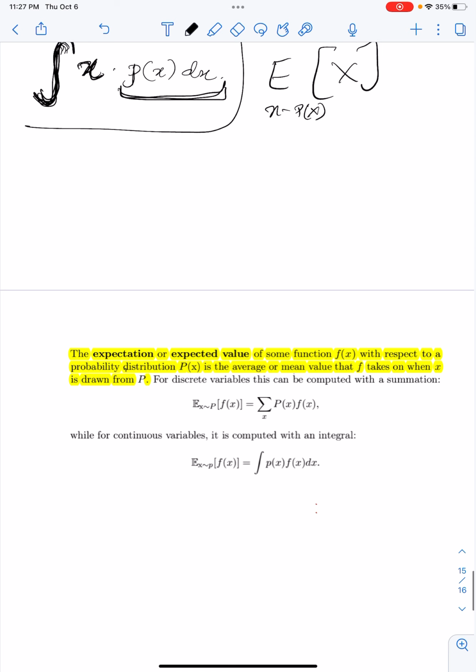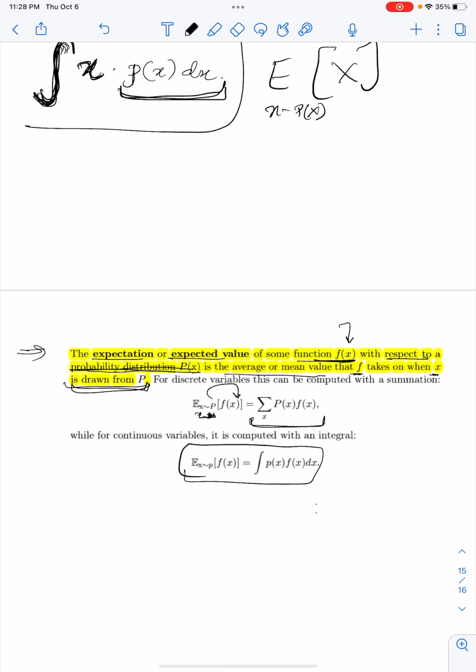So now the formal definition: the expectation or expected value of some function f of x, with respect to a probability distribution p of x, is the average or mean value that f takes when x is drawn from p. So we are sampling x from p, putting it in here, and getting this expected value.